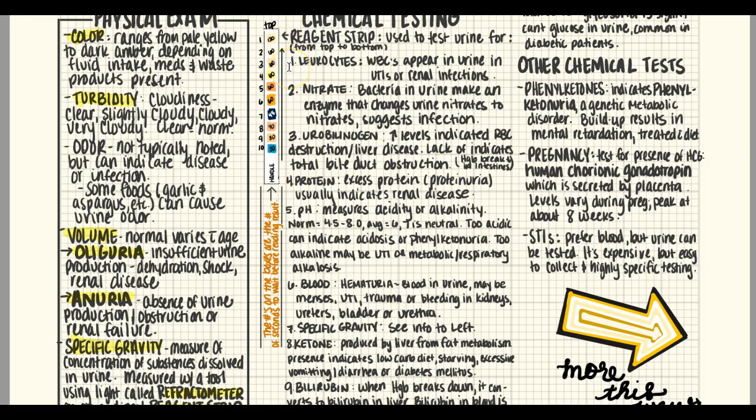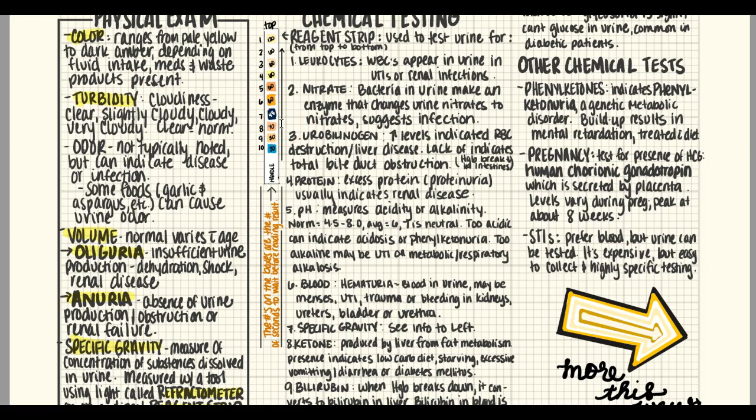So on the back of the bottle that the strips come in is where you match these colors up to, and they won't match anything if you don't read them in a timely fashion. So you're going to want to make sure that you are reading these reagent strips at the appropriate times in order to get an accurate assessment of the correct result level.